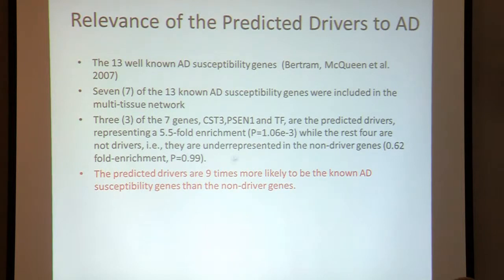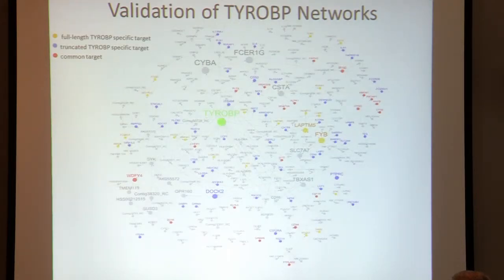Those drivers are 9 times more likely to be AD susceptibility genes than the non-driver genes. So this is just one step to advance our selection of potential driver genes for Alzheimer's disease. Again, for TYROBP, we have the perturbation, and we showed a huge enrichment of the TYROBP experimental signature in the predicted network.